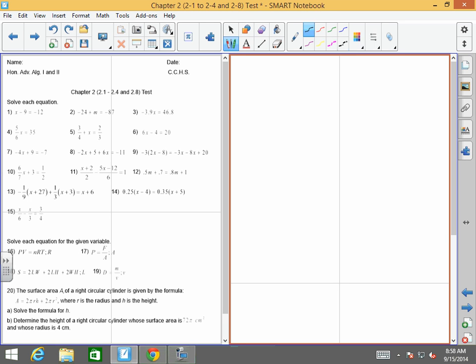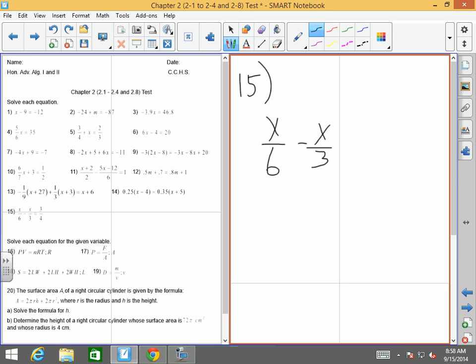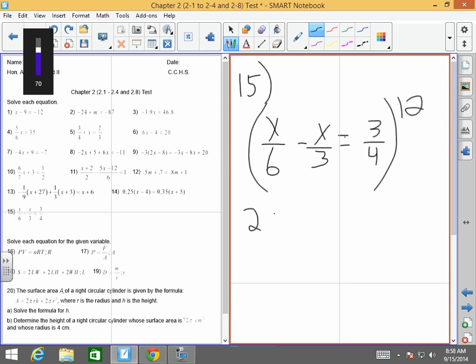So for number 15, my brothers, I've got x over 6 minus x over 3 equals 3/4. Easy peasy. I'm going to multiply both sides of the equation by the LCD, which in this case is 12.